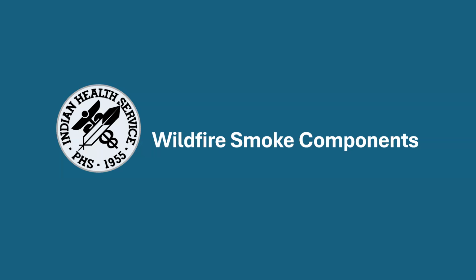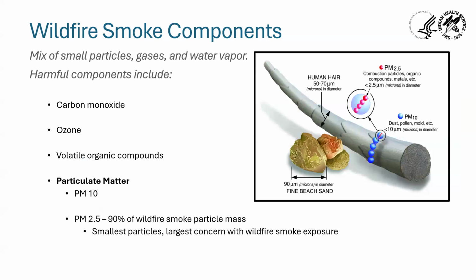So first, we're going to talk about wildfire smoke components. Wildfire smoke is a mix of small particles, gases, and water vapor. The harmful components include carbon monoxide, a colorless, odorless gas that's a combustion byproduct. Exposure to carbon monoxide can include headache, dizziness, fatigue, shortness of breath, blurry and double vision, chest pain, and nausea.